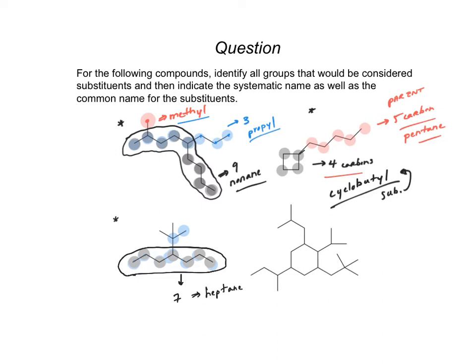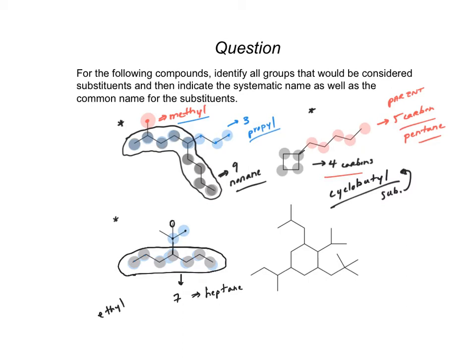And then ane. And then we only have 1 substituent, but it is a complex substituent, right? So here, if we wanted to try to name this via its actual systematic name, we'd look for the longest chain. So we'd say that's 1 and 2. So 2 is an ethyl. Let's actually move that. There's not going to be any room for that. So 2 is an ethyl group, right?